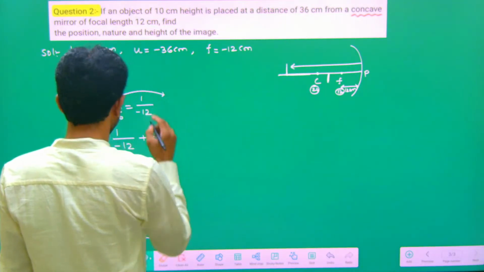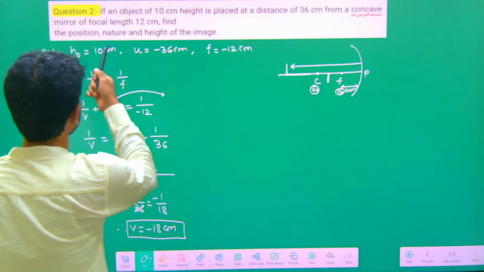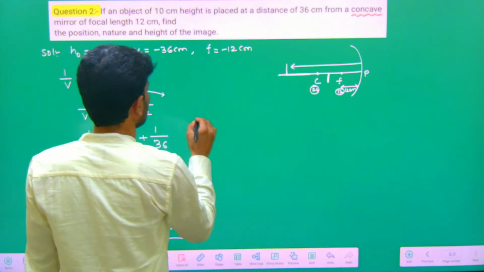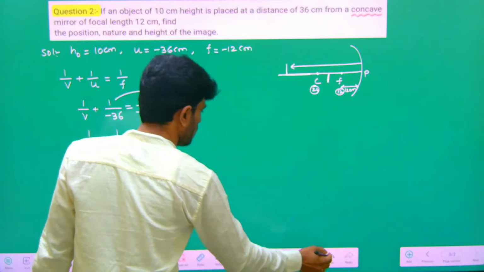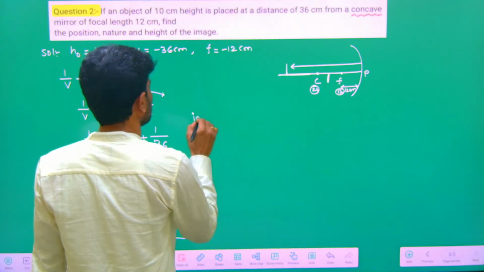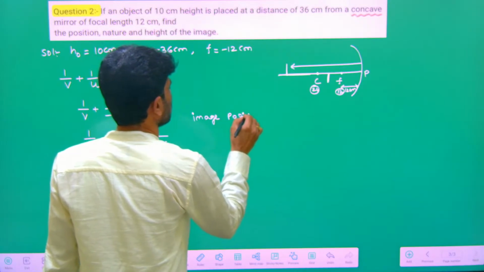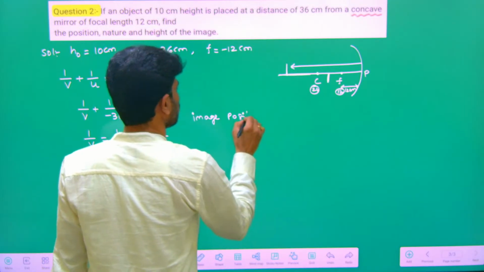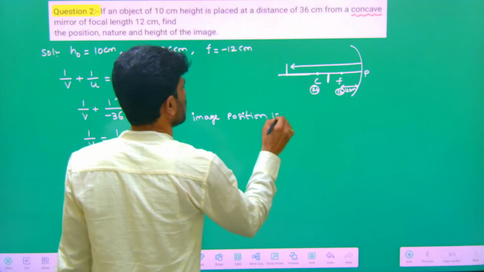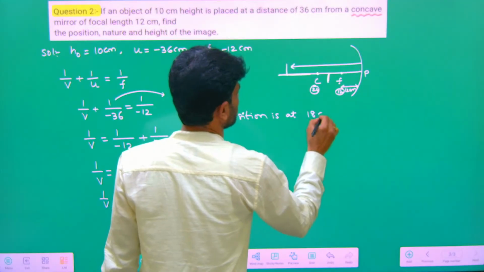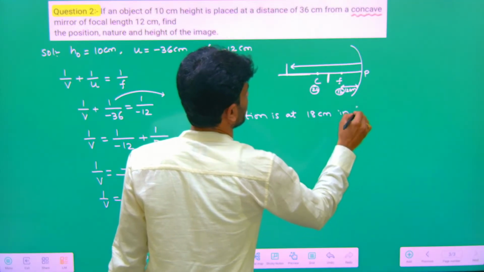So here, first we got image distance minus 18 centimeters. Now the nature of the image. First, image position: the image is at 18 centimeters in front of the mirror.